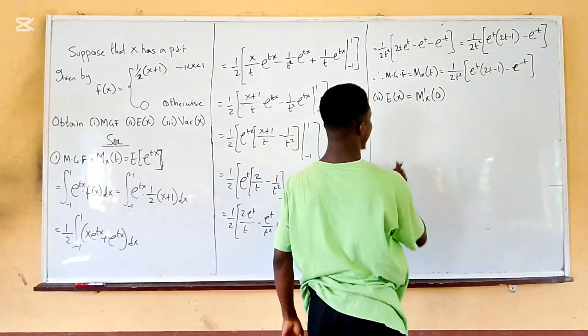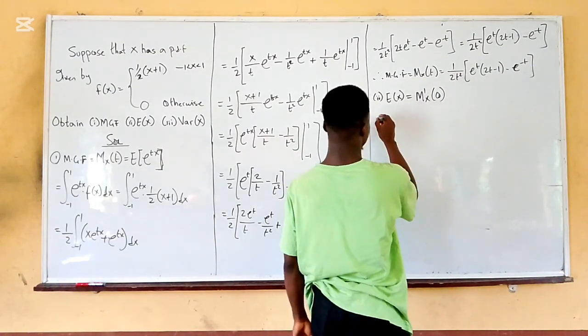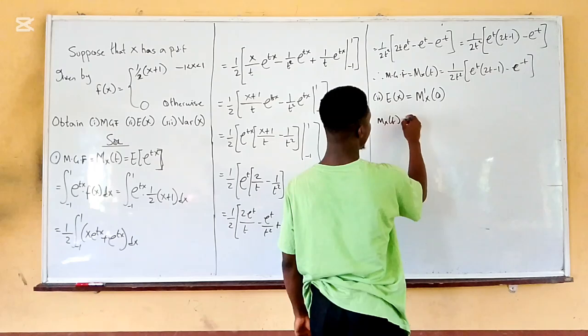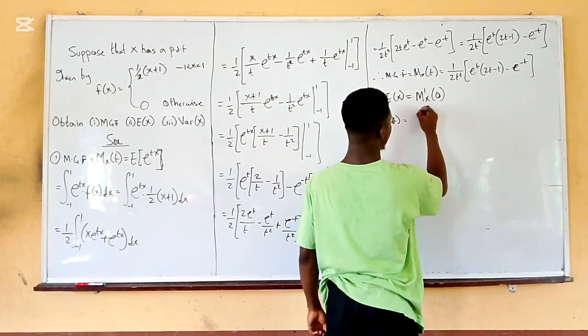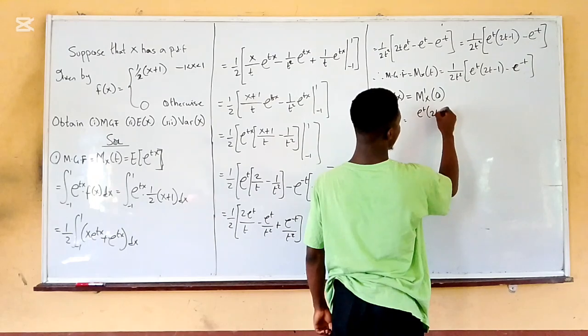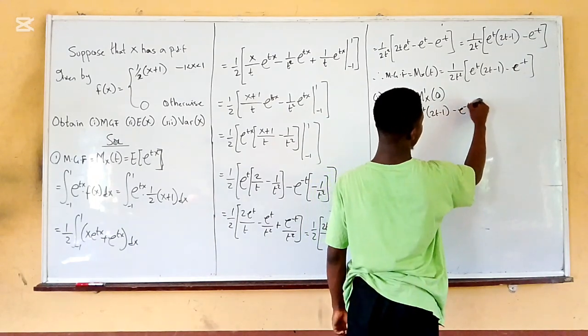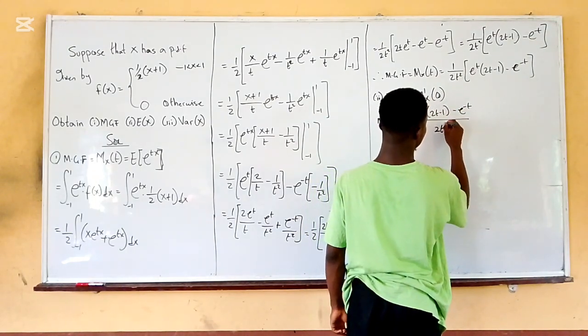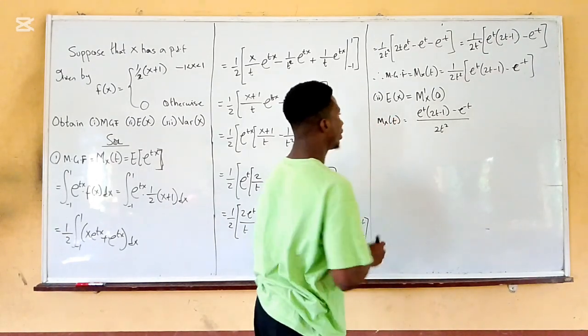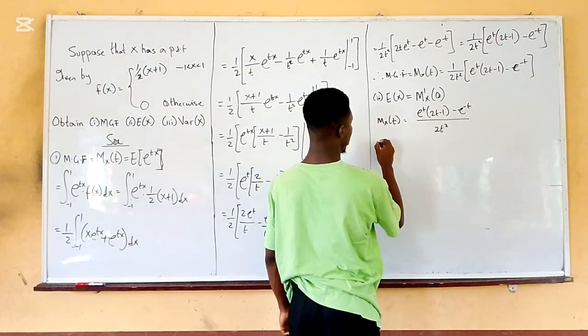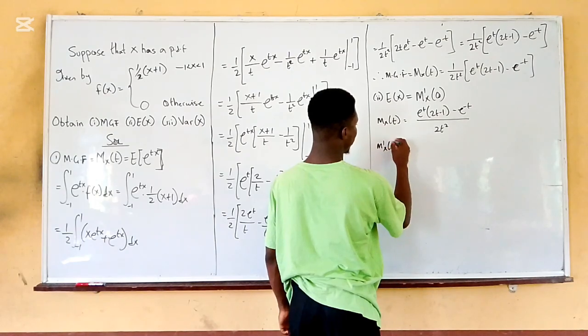Now let's apply it to this guy. Remember our MGF is this: e^t(2t − 1) minus e^(−t), over 2t squared. This is my M_X(t). So I'm going to differentiate this. M prime x of t.